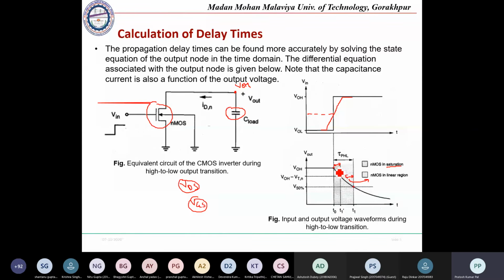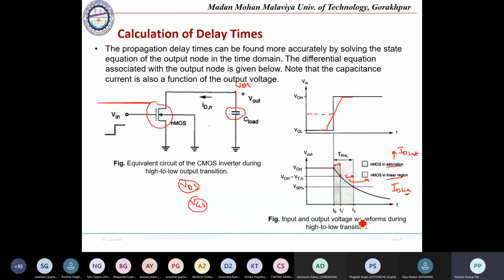Once we know the region in which the transistor operates, we will use that particular region current. If it is saturation, we will use ID saturation to derive the current equation, and similarly if it is in linear region, we will use the linear current equation to derive the time it will be taking.